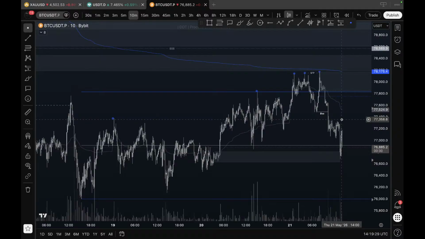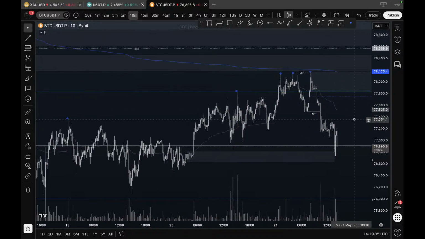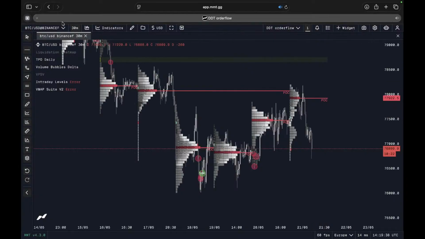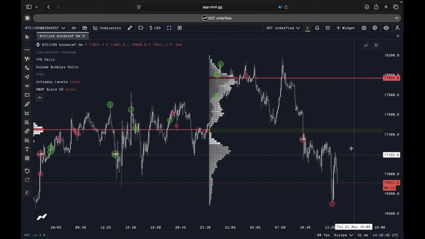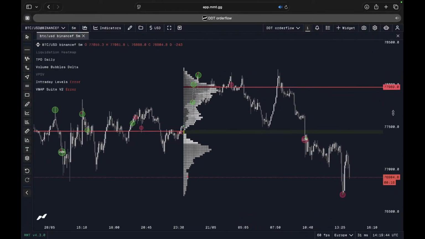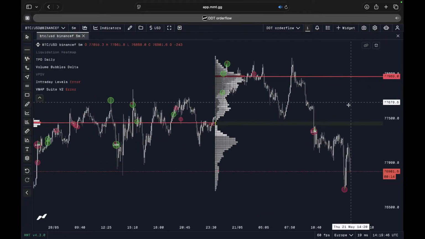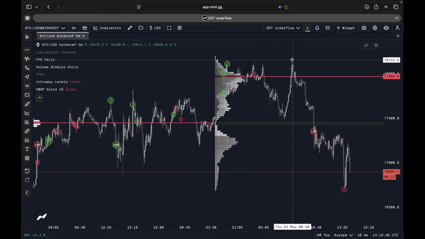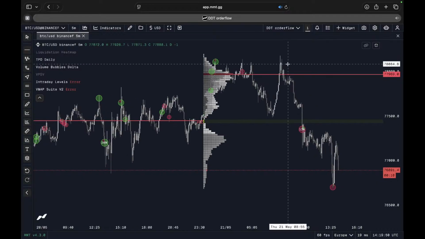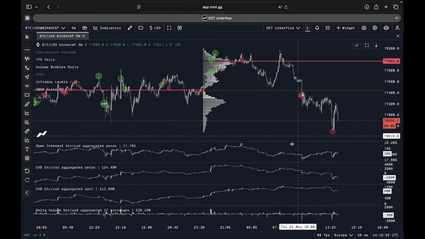Matt King: was there any order flow signals in the third tab on BTC? On this one? Let me watch. No, not really. There were no big delta bubbles or anything, so not super aggressive buying.